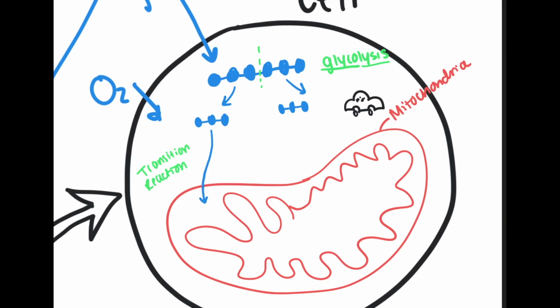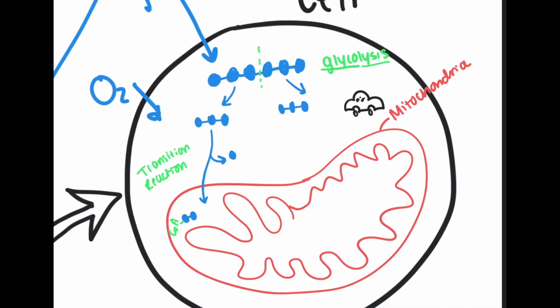So how does it get modified? Well, 2 of the carbons stay and 1 of them gets taken off. The 2-carbon molecule that goes into the mitochondria gets coenzyme A. That's an enzyme helper. Coenzyme A put onto it.